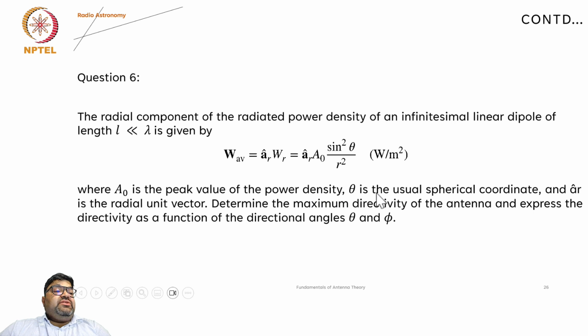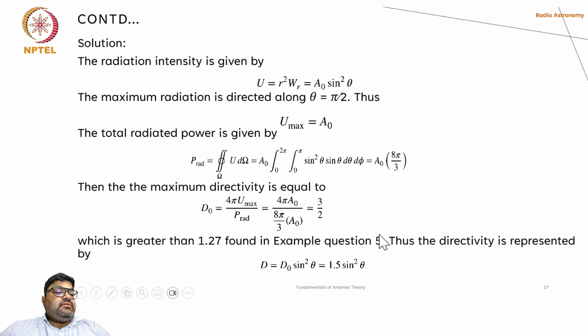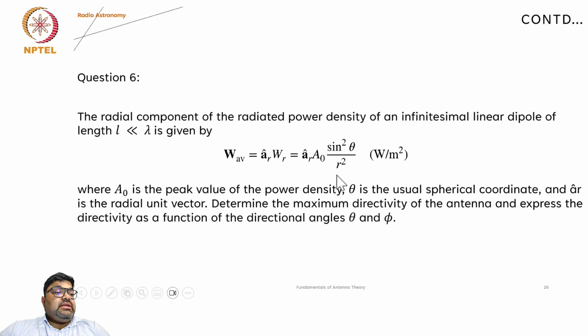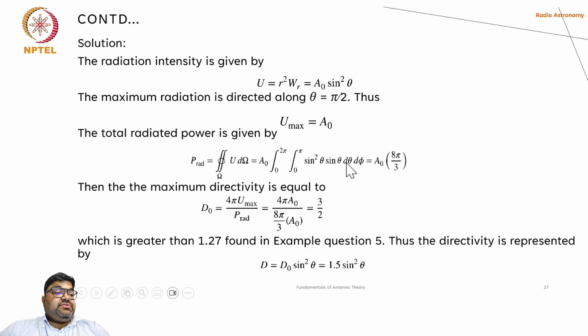A0 is the peak value, theta is the usual spherical coordinate, and a R is the unit radial vector. Determine the maximum directivity of the antenna and express the directivity as a function of direction angles theta and phi. So this is sine square theta by R square.